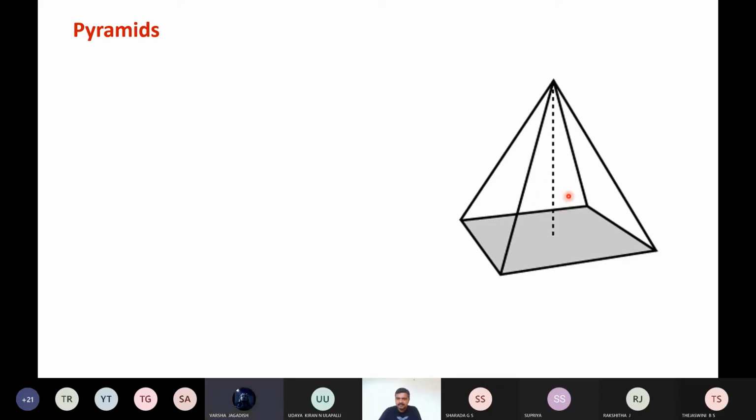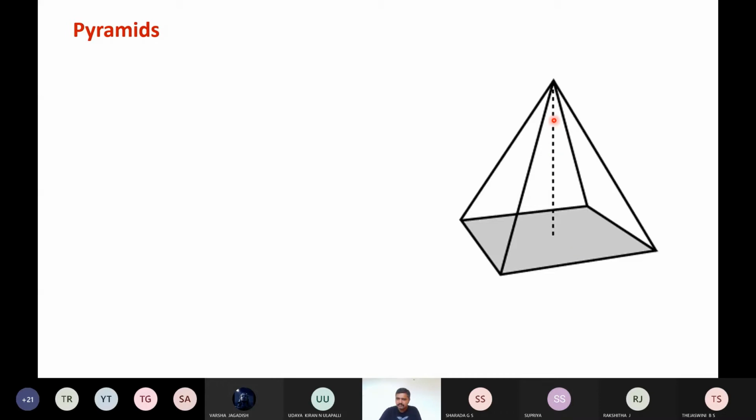Square pyramid. So why is it called a square pyramid? Because the base is square. Instead of square, if the base is a pentagon, then that is a pentagonal pyramid. If it is a hexagon, hexagonal pyramid. So this we call the base.